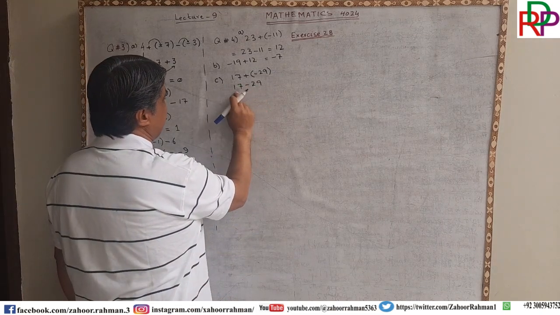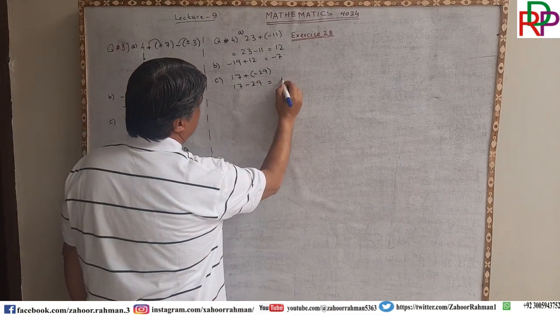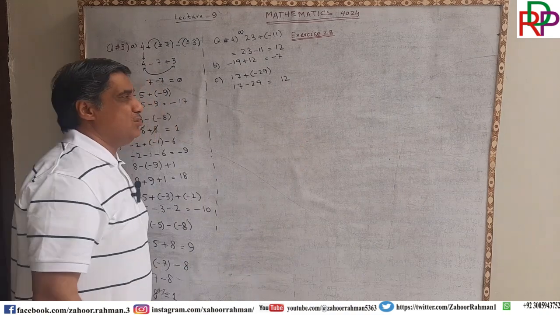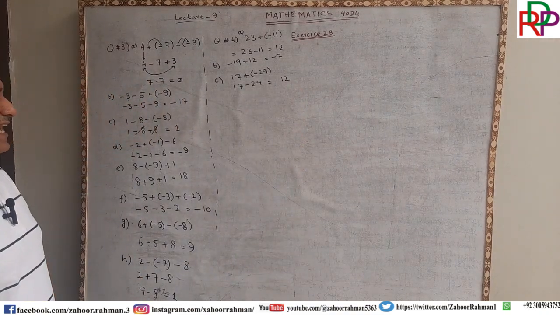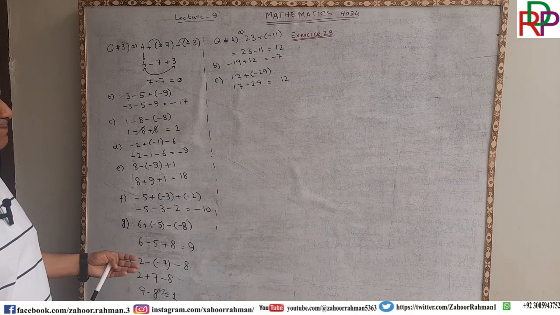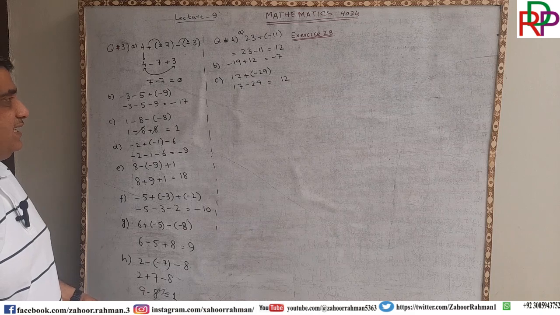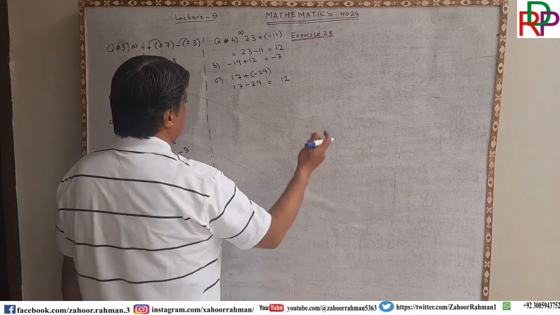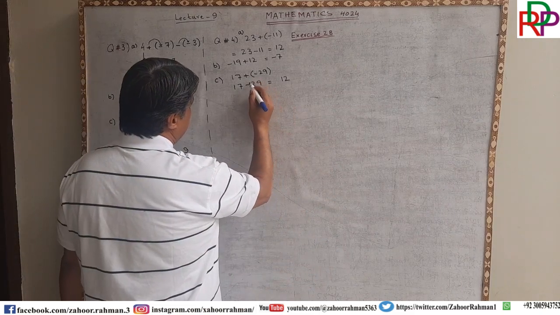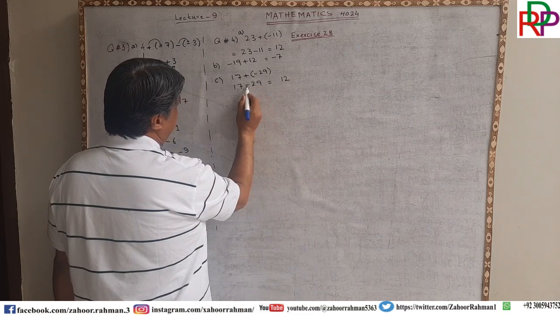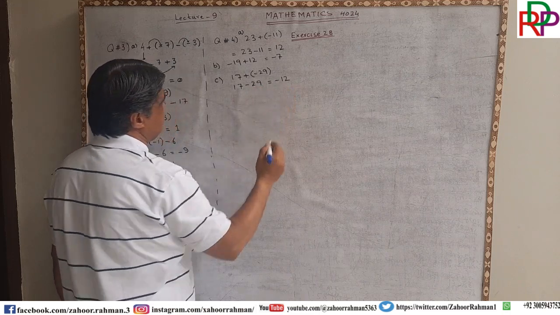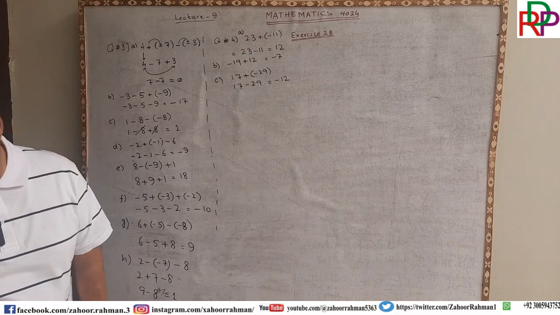From 29, we have to subtract 17, and that will be 12. Now, what will be the sign with it? If it is positive, we don't have to write it. If it is negative, we have to mention it, otherwise the answer will be wrong. So 29 is the bigger number, and with that we have a negative symbol, so the answer will be minus 12.